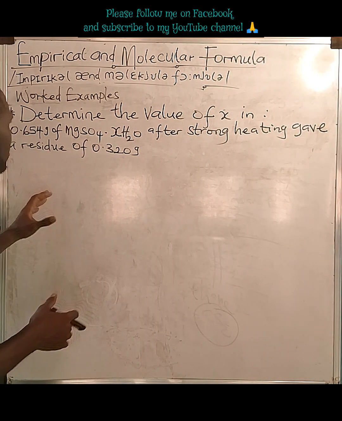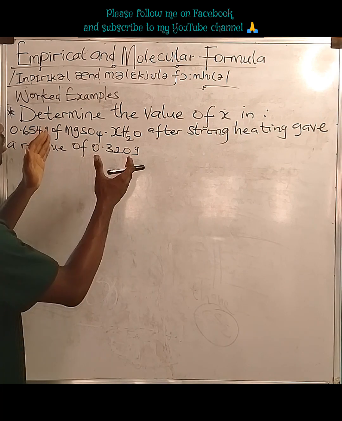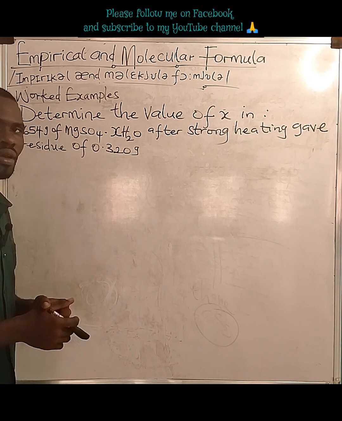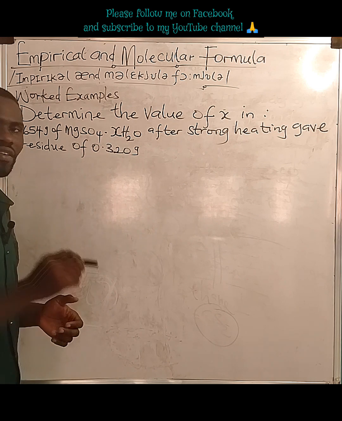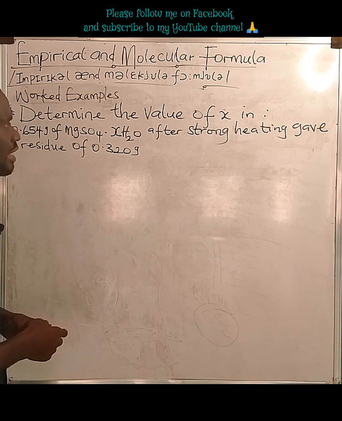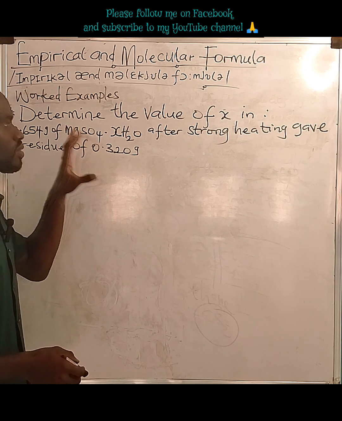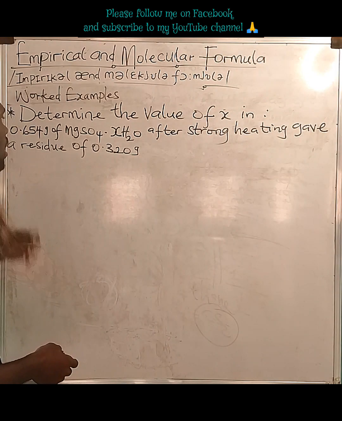So now, we've been given the mass of a given chemical compound, but we are asked to get the value of the water of crystallization, so this magnesium sulfate with some crystals of water. Now, what happened to it? This compound was heated and it lost its water. It became anhydrous.